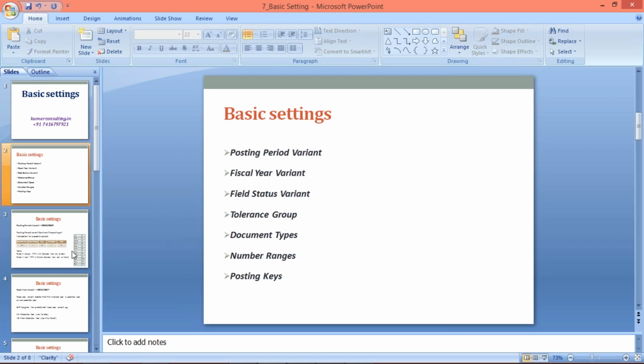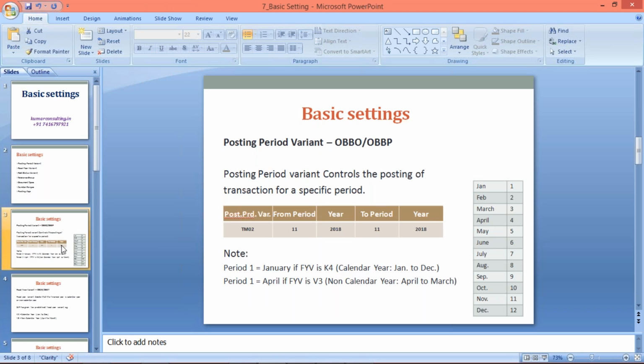Now look at here, posting period variant. What is this posting period variant? Posting period variant controls the posting of transactions for a specific period.